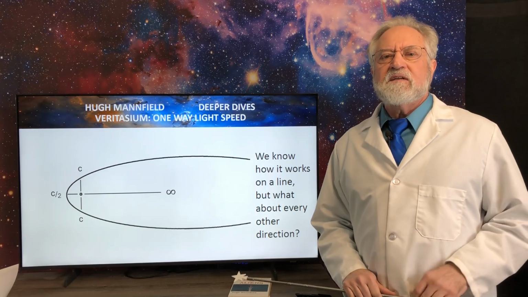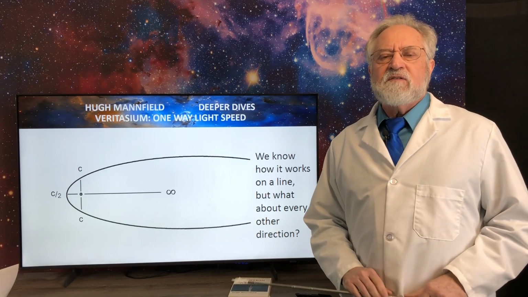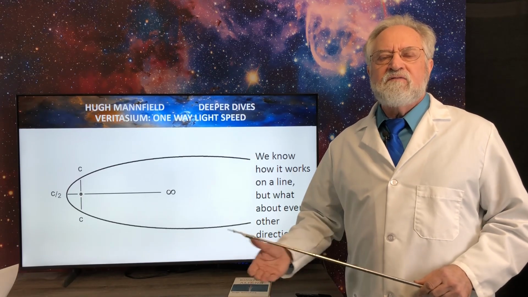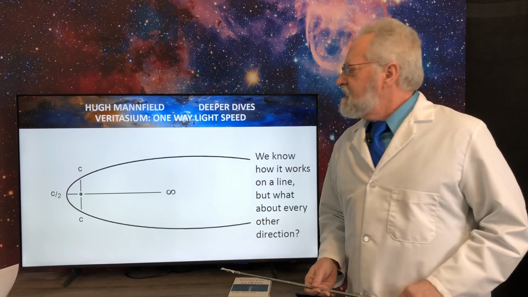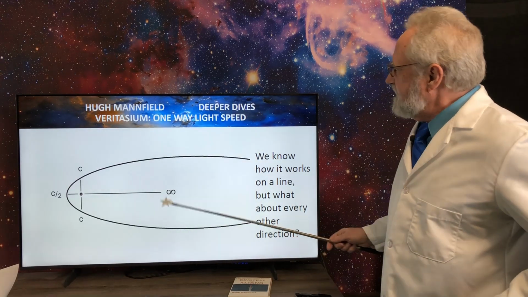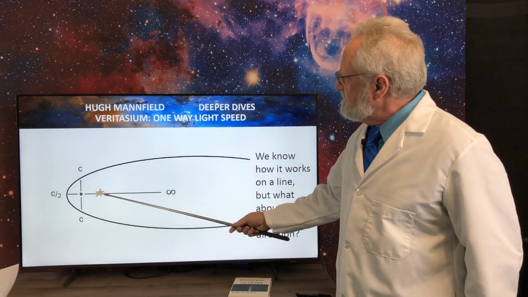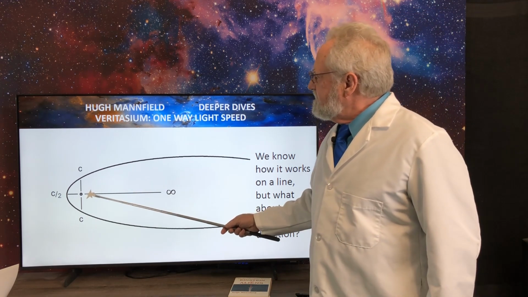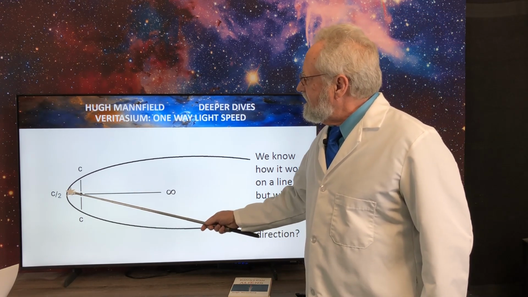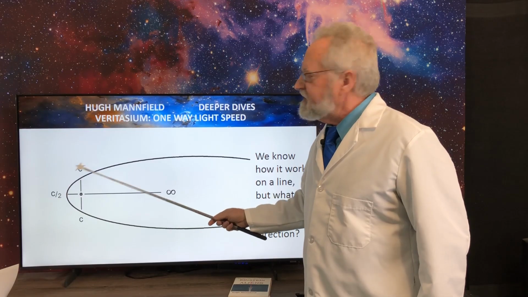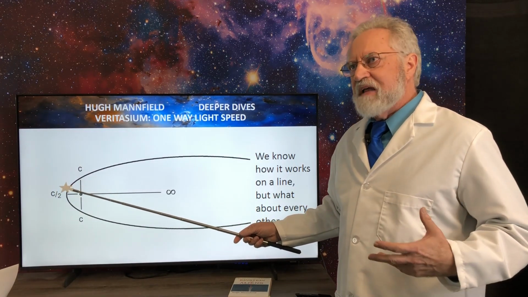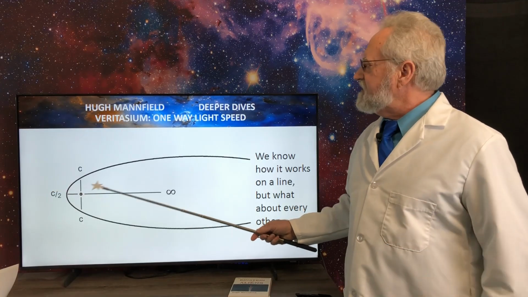Now, Derek mentioned in his video that physicists had worked out complete systems for this non-uniform speed of light. So what we would have would be a case where in one direction, light travels at an infinite velocity, and in the other direction, it travels at c over 2, c being the known speed of light, or the average uniform speed of light that it would take.